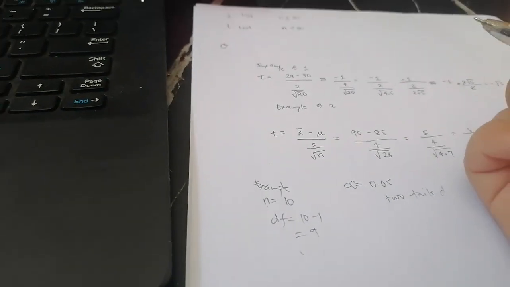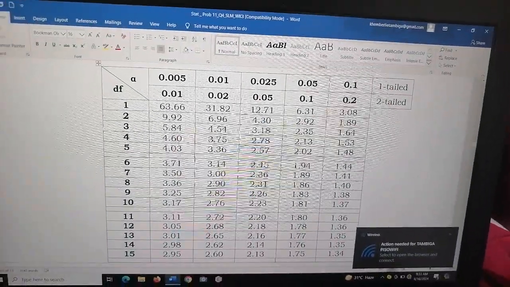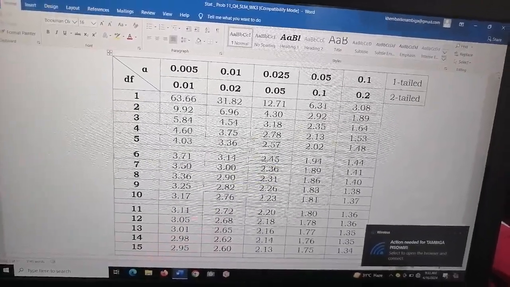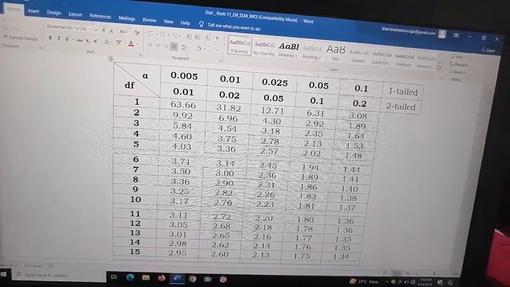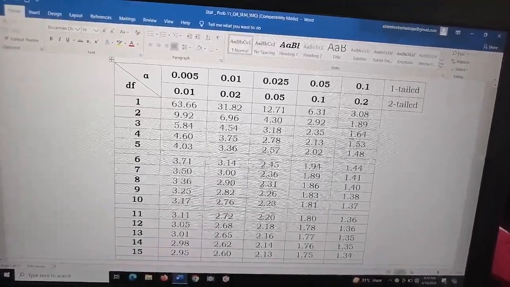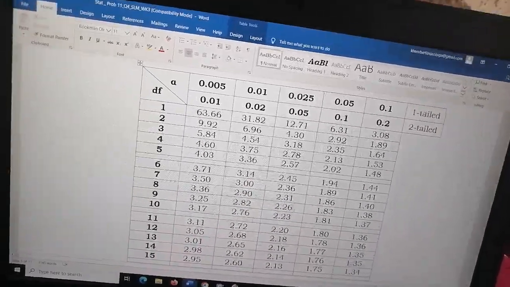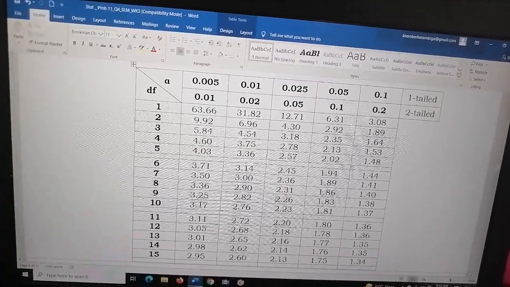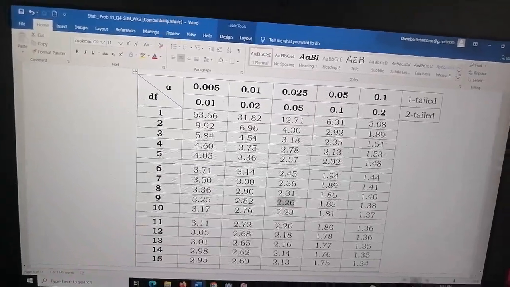So 9 and two-tailed, alpha equal to 0.05. Here is one-tailed, here is two-tailed. So we look at 9 and 0.05 under two-tailed, and it is there.